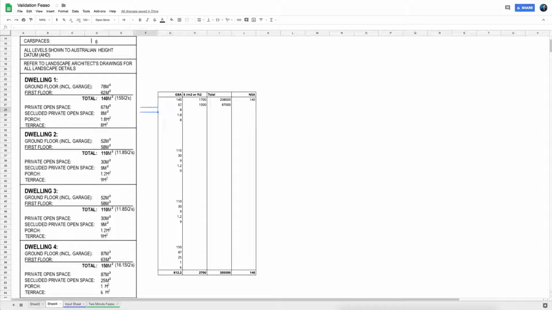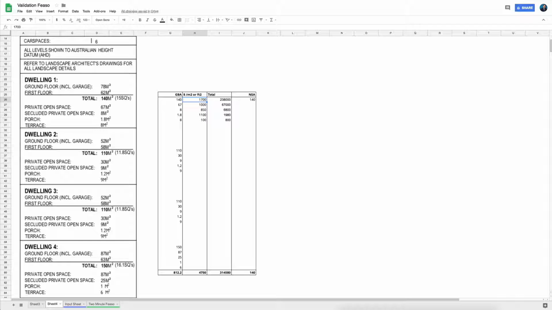Secluded private open space is not as much. This is more like a little backyard with a clothesline where you can dry your clothes. So I would put in maybe about $850 there. Porch, I'll put another $1,100 there, and terrace would also be close to about $1,000.